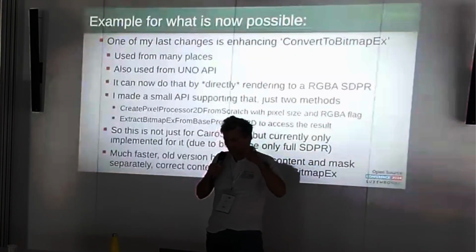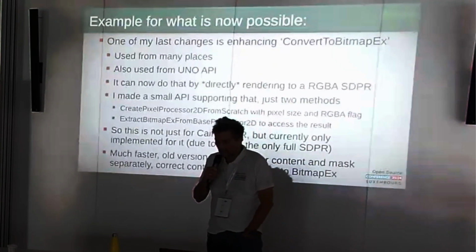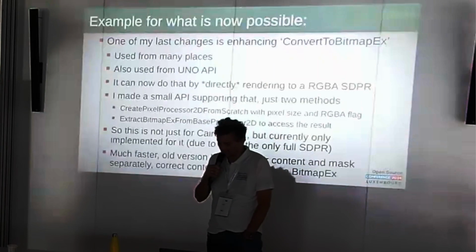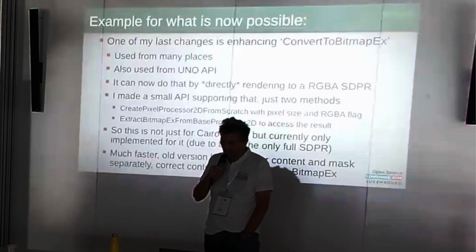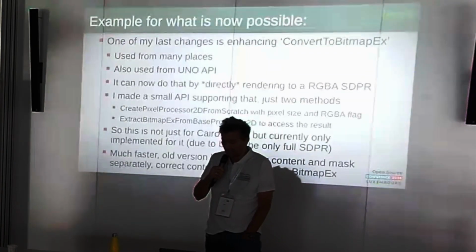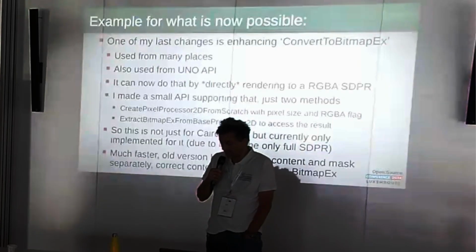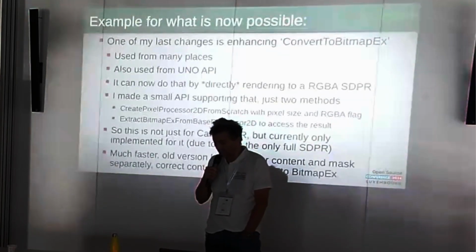Convert to bitmap X is very central, and I can do that now directly for the CairoSDPR renderer, because I just made 2 small extensions. One is create pixel processor 2D from scratch, which is implemented for Cairo, and the other is extract bitmap X from base processor 2D, which is also implemented for Cairo.